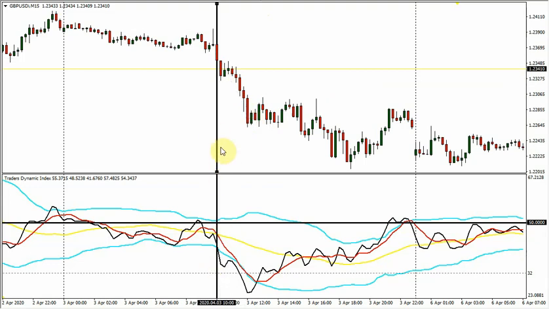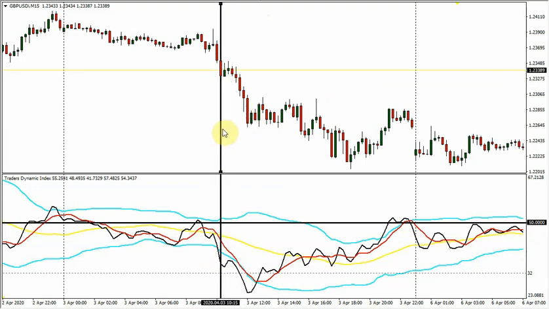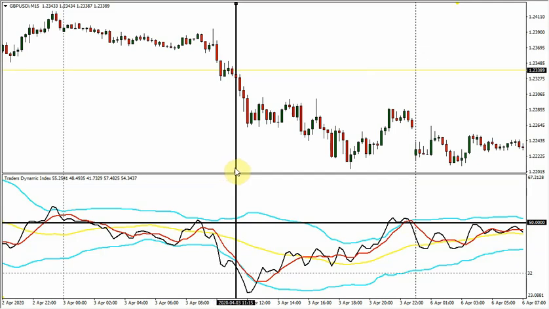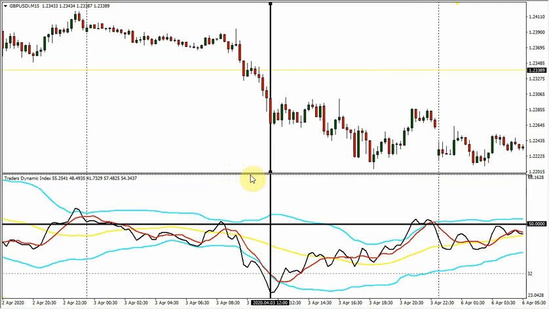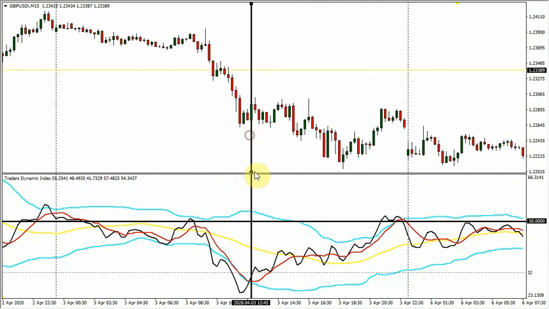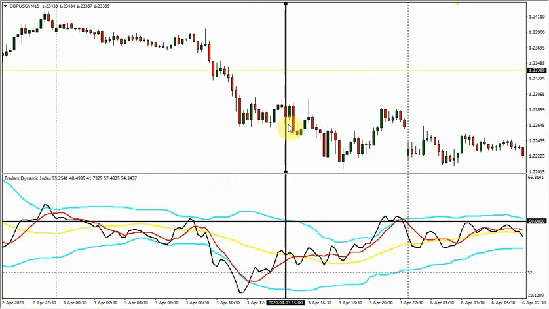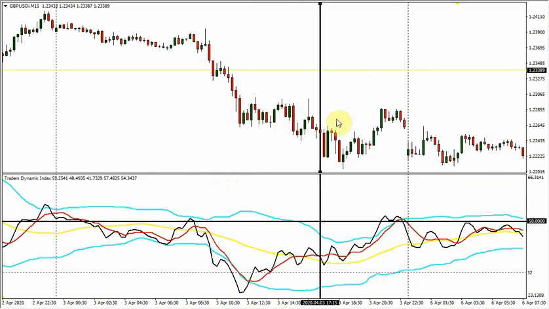Look at that beautiful drop. As you can see, price was out of the band, it pulled back a little bit, and it continued staying out of the band until it came back into the band on this candle. Now, even though it came back into the band on this candle and it crossed up the signal line, look what happened. It continued to fall.